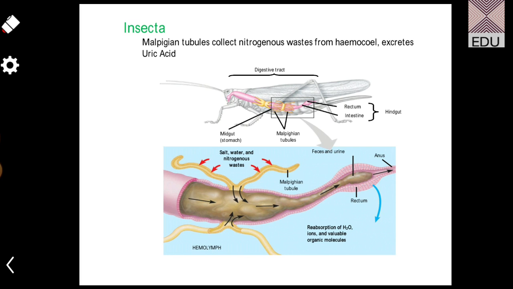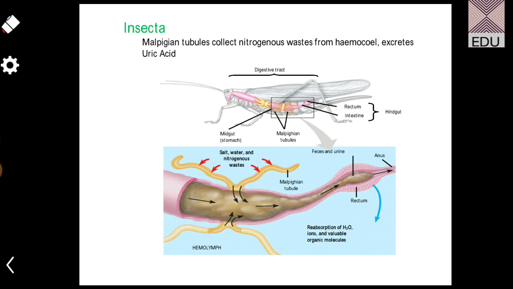There is one very important thing to note over here: salt, water and nitrogenous waste products go inside these tubes. These tubes concentrate the salts and the nitrogenous waste products in them, and then they excrete these products into the hindgut.